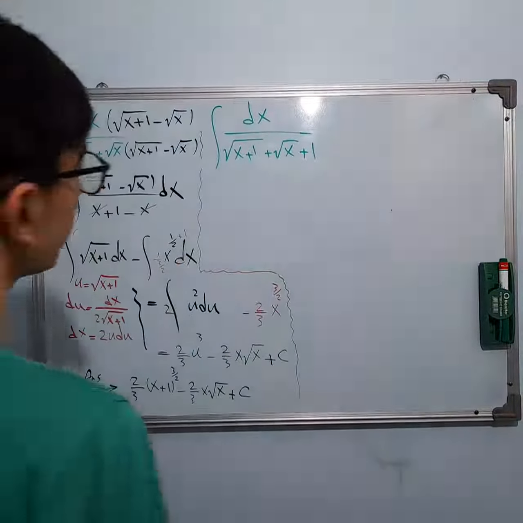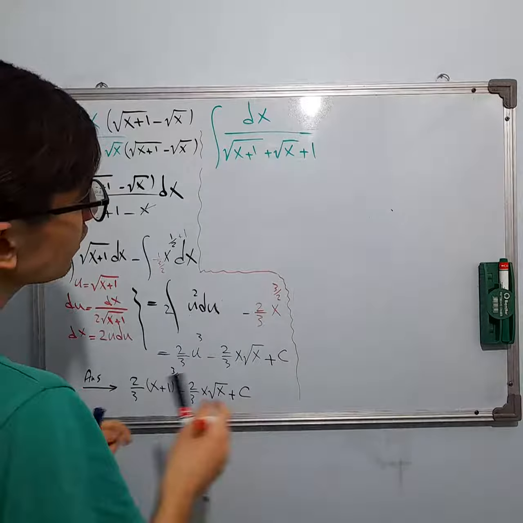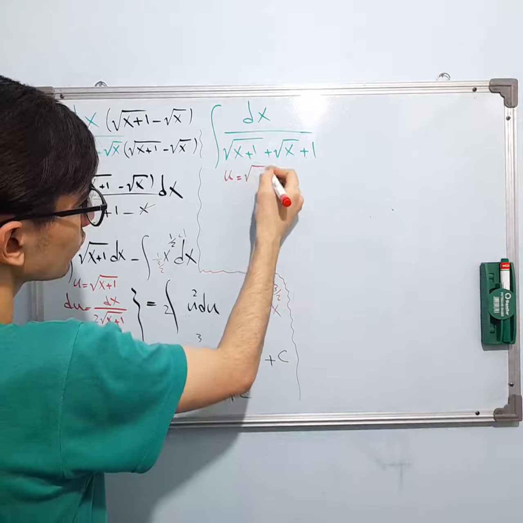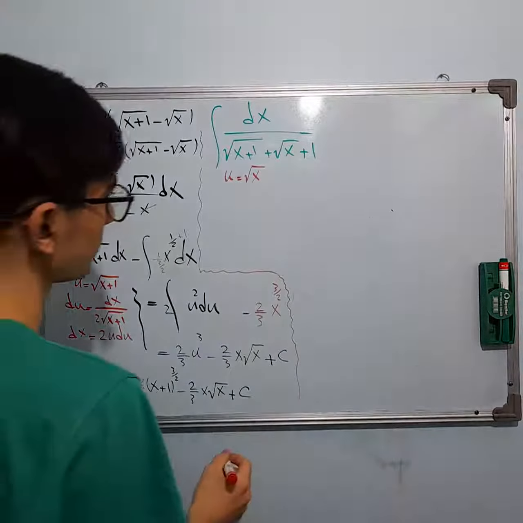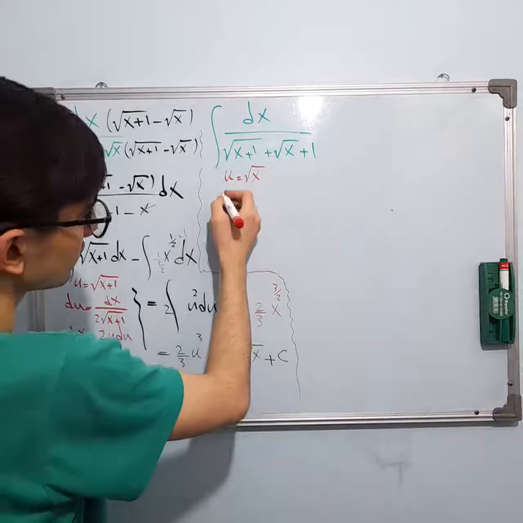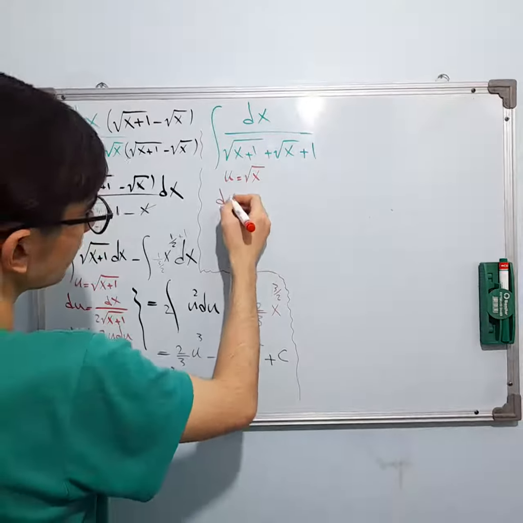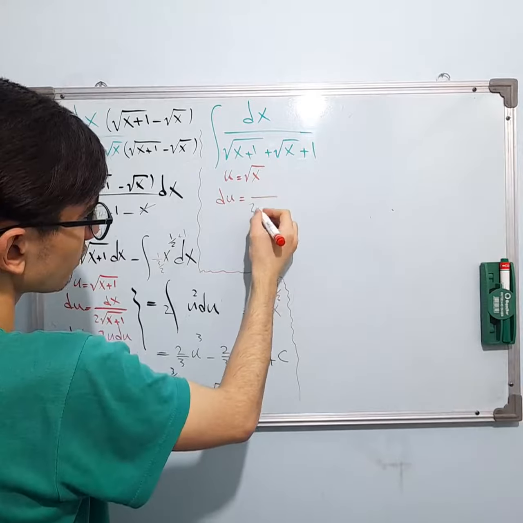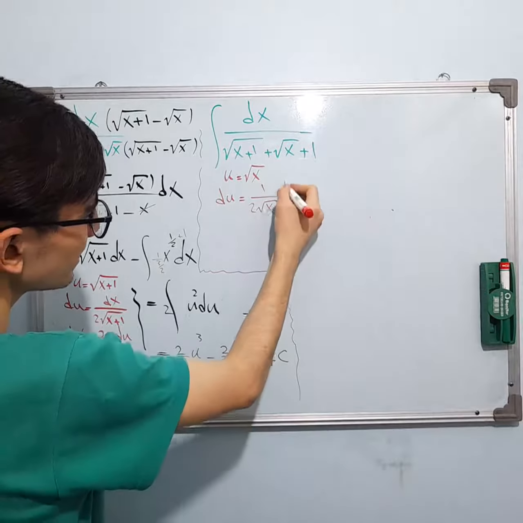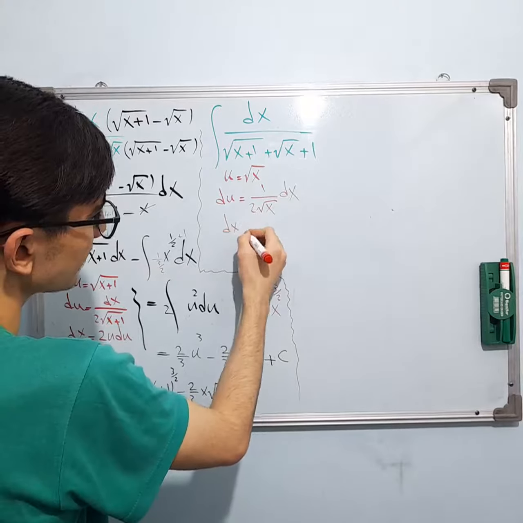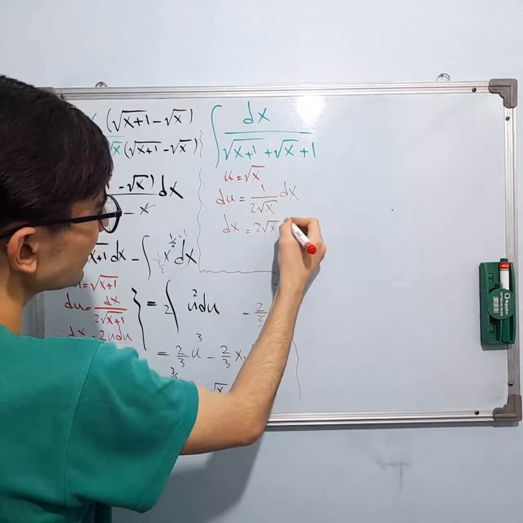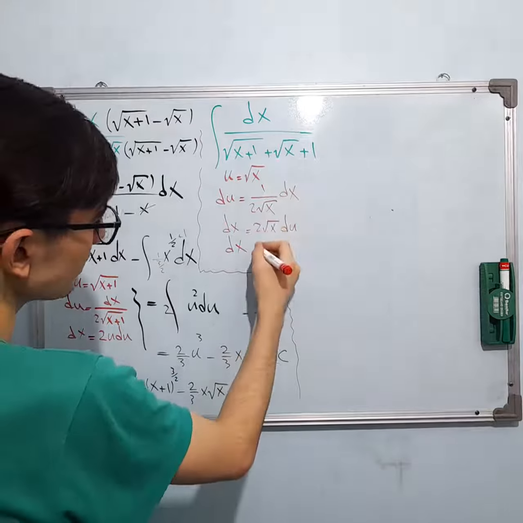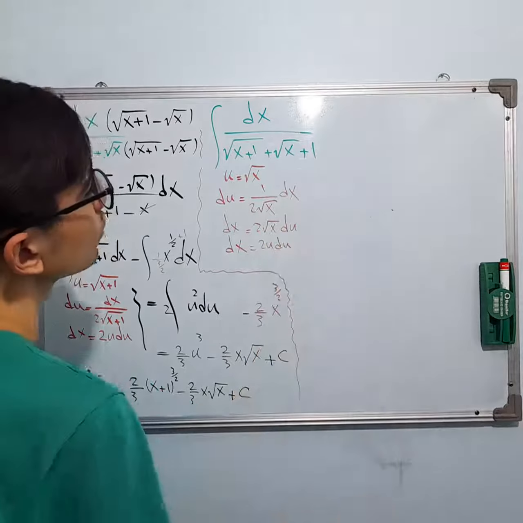First of all, I want to take u as the square root of x. And the usual thing we always do, du equals 1 over 2 square root of x dx. So dx is 2 square root of x du, and we know u is square root of x, so dx is 2u du. So what now?